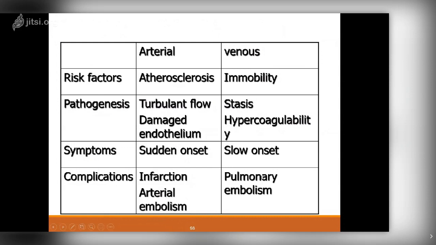For venous thrombi, the main complication is pulmonary embolism, when the thrombus will detach from the vein and through system of inferior vena cava, usually it will pass to right chambers of the heart and then to pulmonary artery.